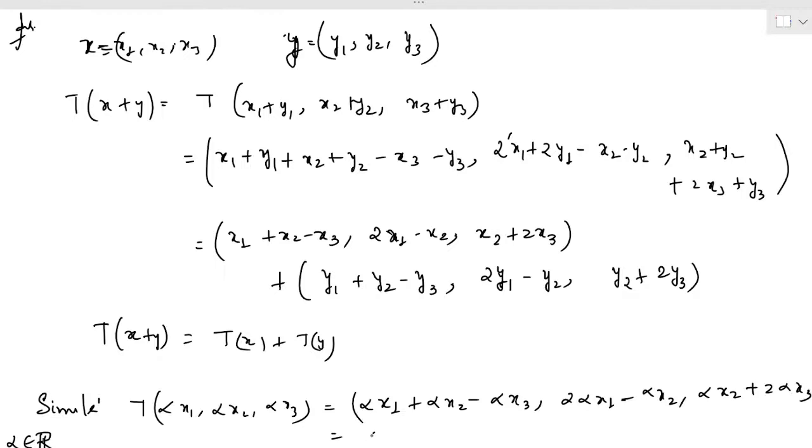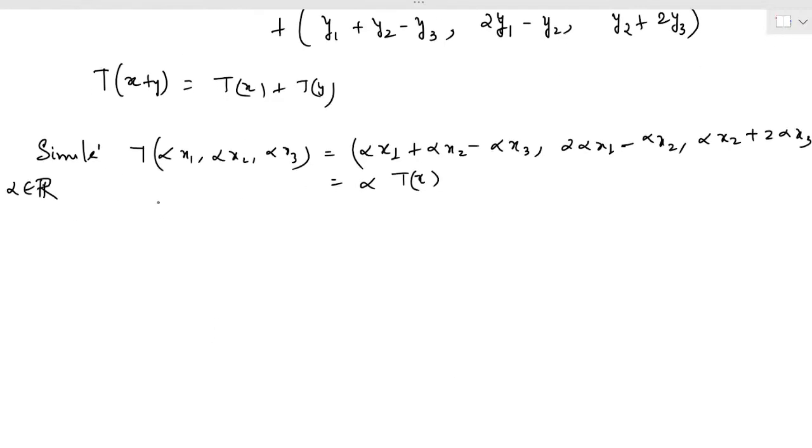Then you can take this α common out and this will become Tx. So eventually you know that T of αx is equal to αTx. So clearly I can say that T is a linear transformation.